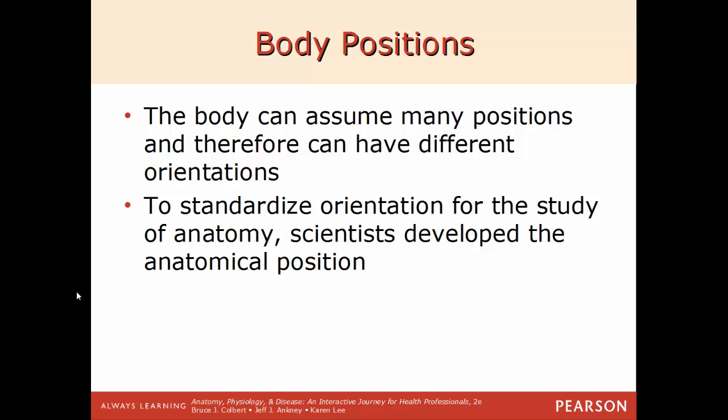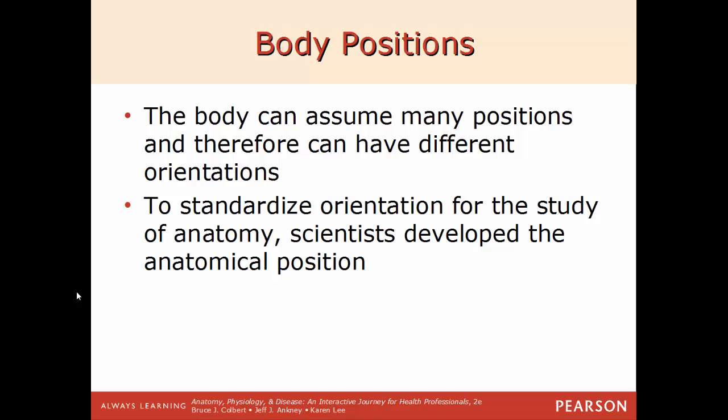The body can assume many positions and therefore can have different orientations, and different positions are used depending on what you are trying to treat or evaluate, because some things just won't work for others. Some things will help, some things will not help. To standardize orientation for the study of anatomy, there is a very accepted starting point that all scientists use, so directional terms can all mean the same thing.